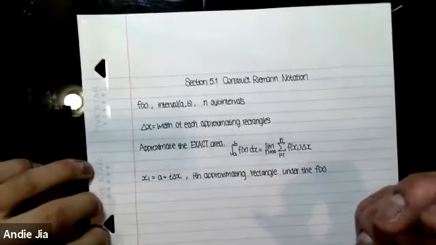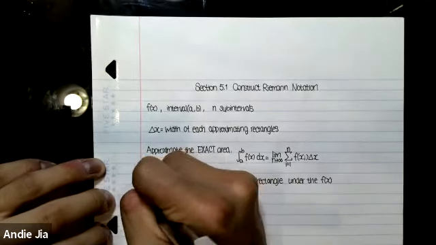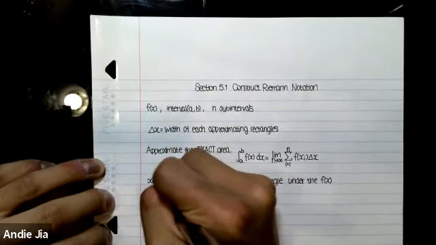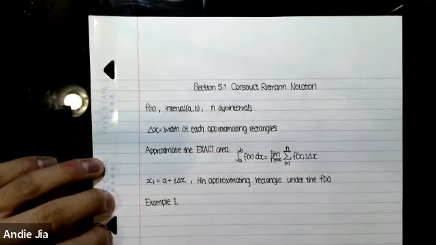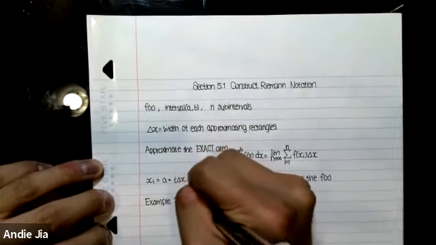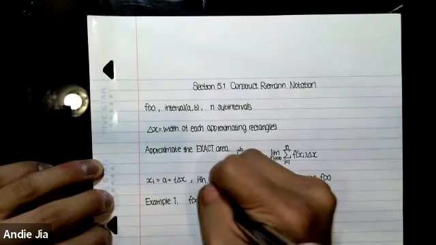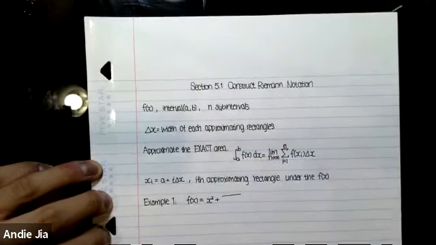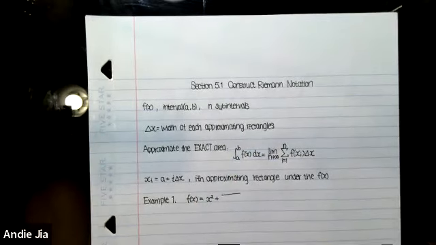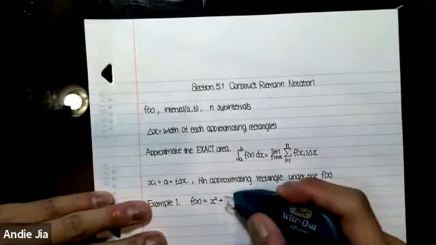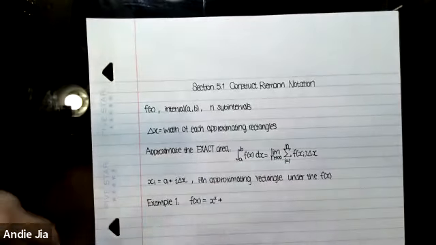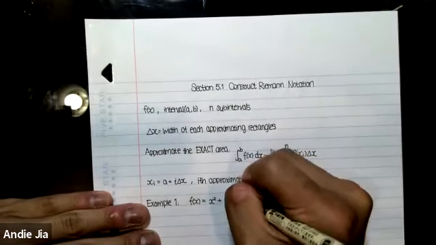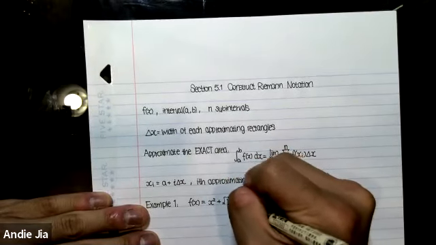Let's do an example here. This one is like something asked in the WebAssign homework. f of x equals x squared plus the square root of 1 plus x squared, plus 2x.